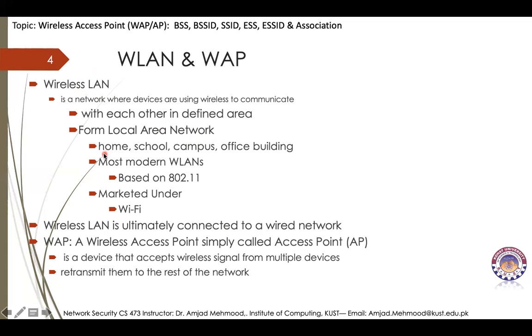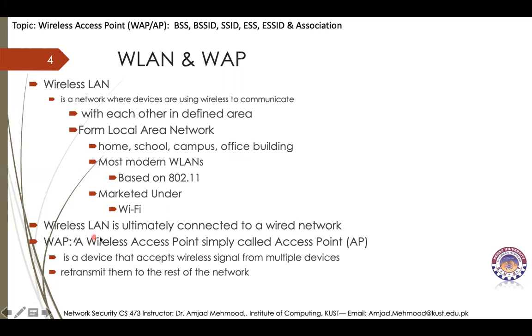Normally it is used to create wireless local area network for homes, schools, campus, office buildings, and it comes under the IEEE standard 802.11, and its market name is Wi-Fi. You may normally call it as wireless fidelity.